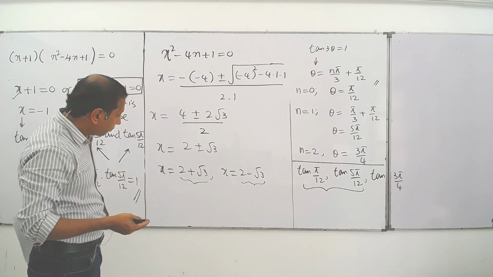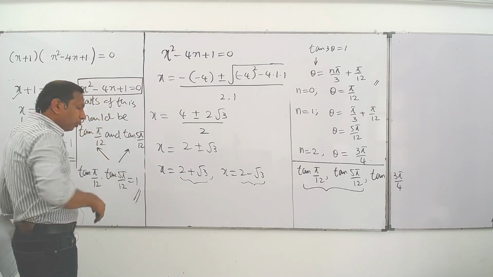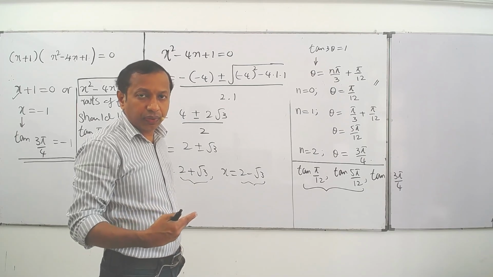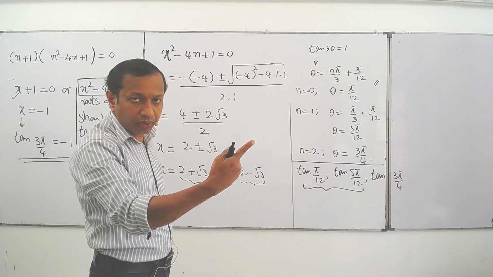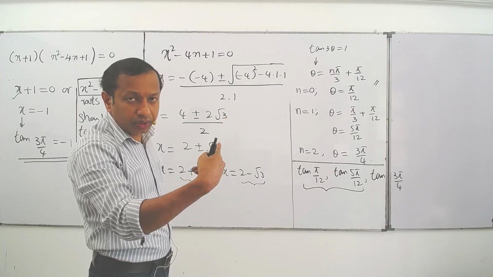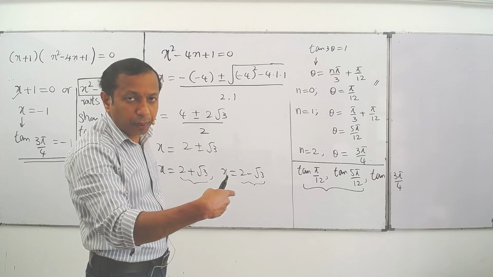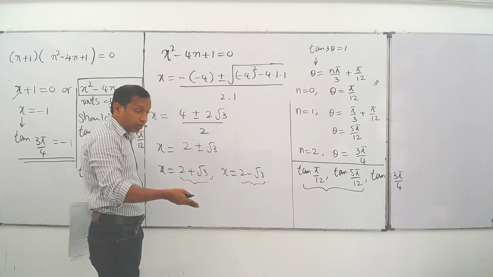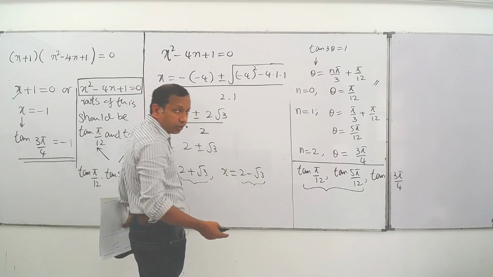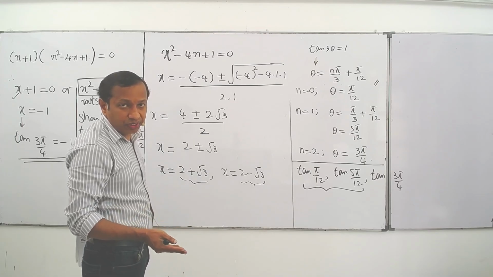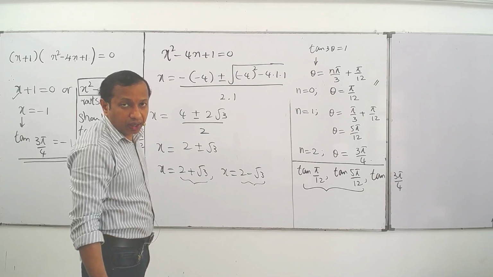But you know, pi by 12 is 15 degrees. Tan 45 is 1. When the angle is less than 45, the tan value should be less than 1. Then out of these two, 2 plus root 3 means more than 1. 2 minus root 3: root 3 is 1.7, no? 2 minus root 3 is the figure which gives an answer less than 1.